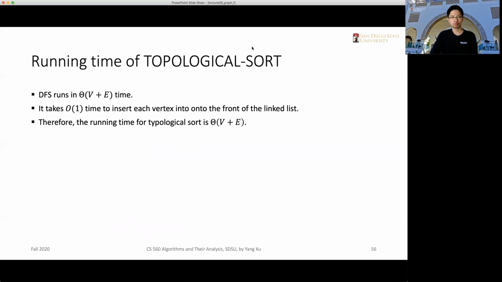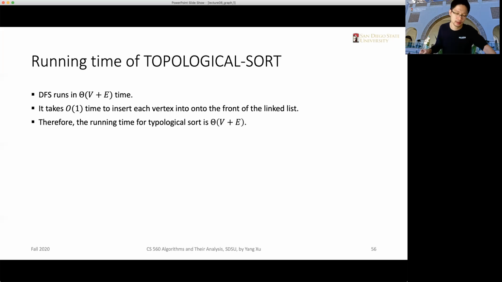All right. So we can look at the running time. Since last time in our analysis, we know that the DFS runs in big theta of V plus E. V is the size of your vertex set, and E is the size of your edge set. So the topological sort is a kind of byproduct.